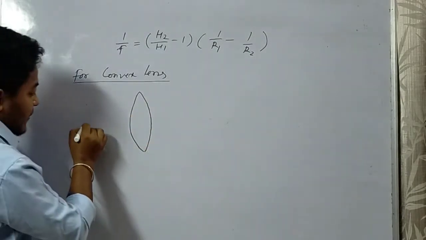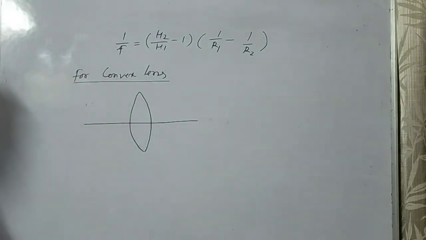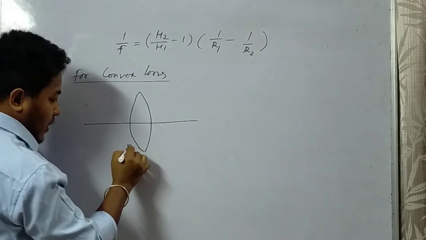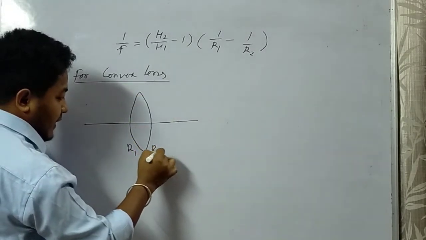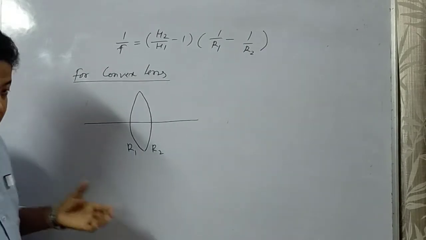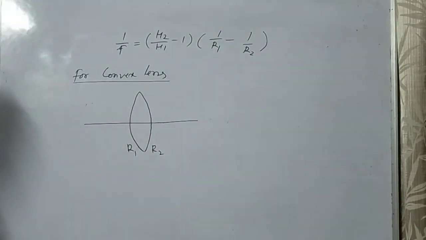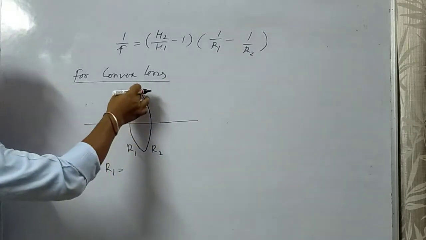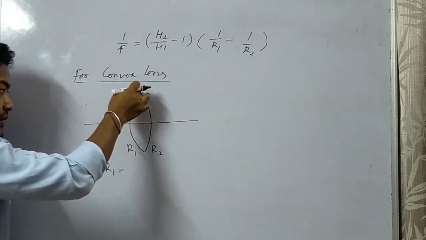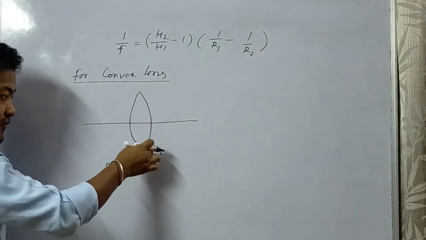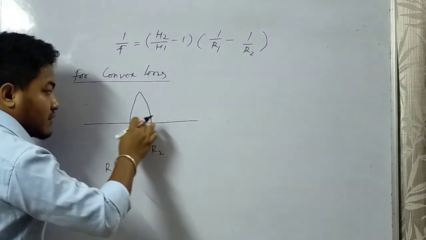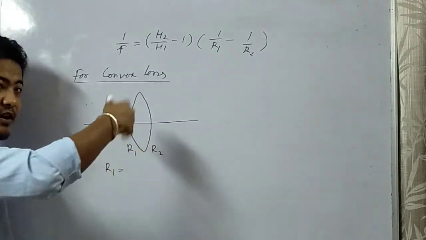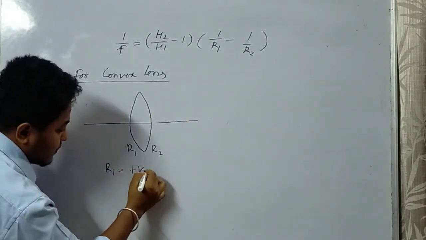If I write the principal axis, it will have two radii of curvature, one for this side and one for the other spherical surface. In this case, R1, the radius of curvature for the first spherical surface, is going to be positive. Am I clear how it is positive? Because the radius of curvature is going to the right side, so it is positive.